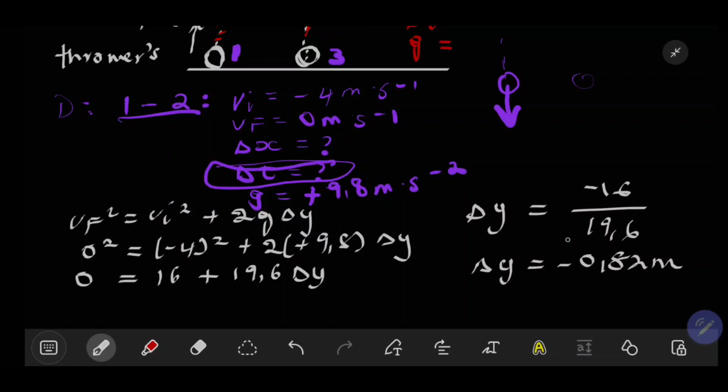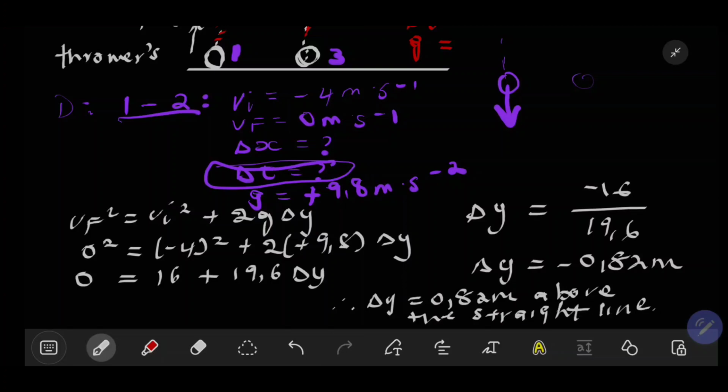So when you change this negative to direction, we can say therefore our change in y is 0.82 meters above the straight line, or the starting level.